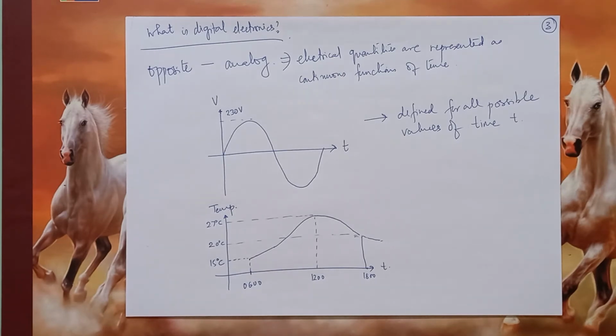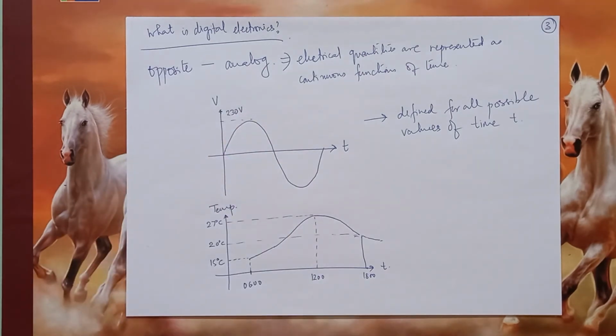That's a very good question. So we have to ask ourselves, what are the drawbacks of analog systems? Is there some drawback in an analog system which is very important and therefore we need to go for digital?